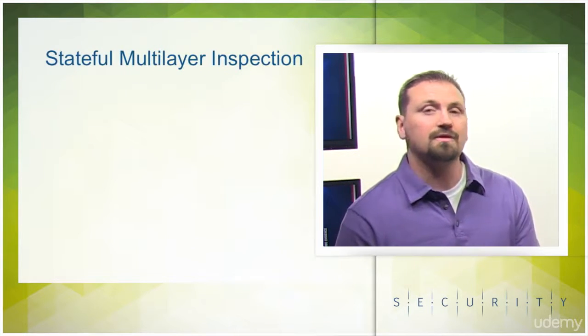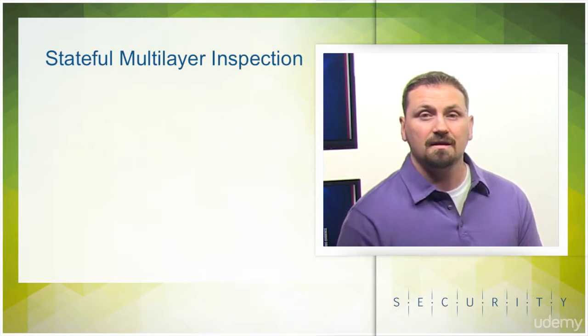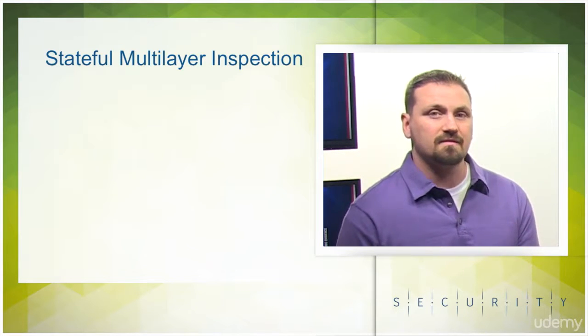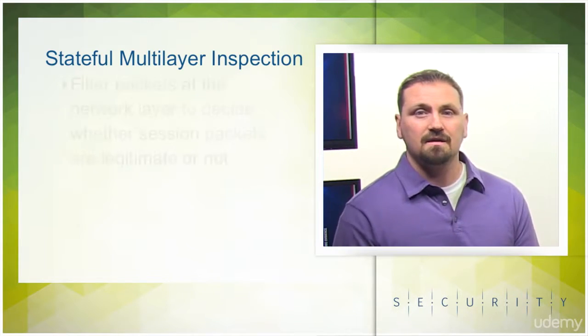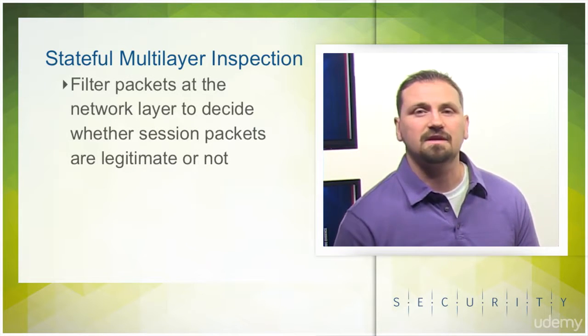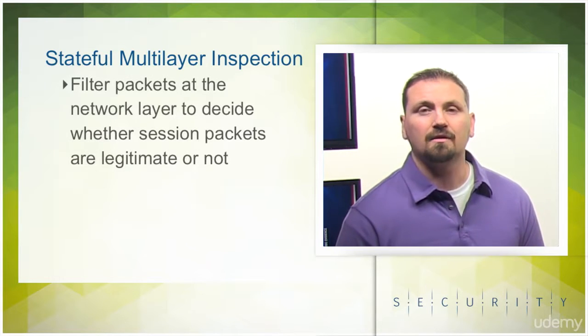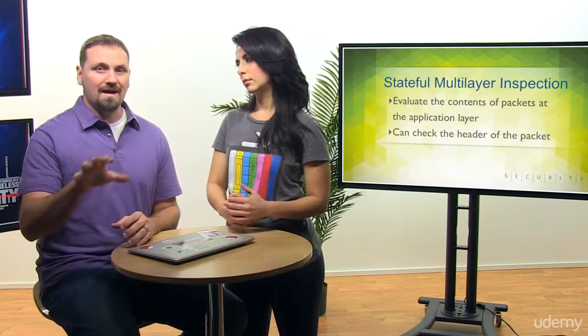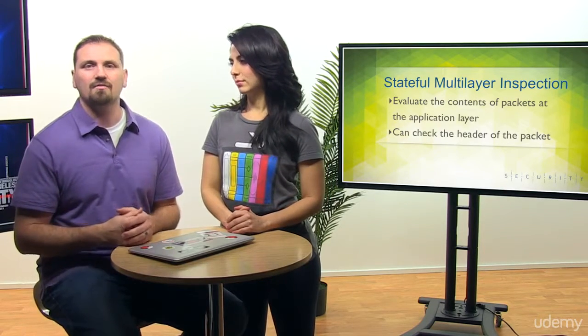The last type of firewall we should be familiar with is the stateful multi-layer inspection firewall. These firewalls combine the aspects of the other three types of firewalls. They filter packets at the network layer to decide whether the session packets are legitimate or not. They evaluate the contents of packets at the application layer. Now, you remember that the packet filter firewalls have the inability to check beyond the header of the packet.